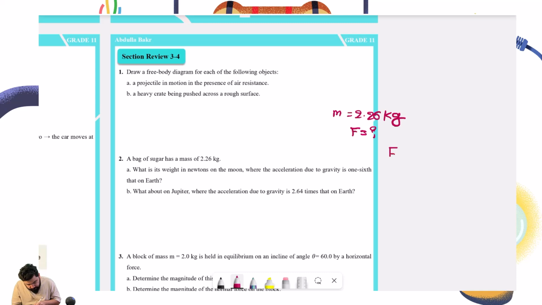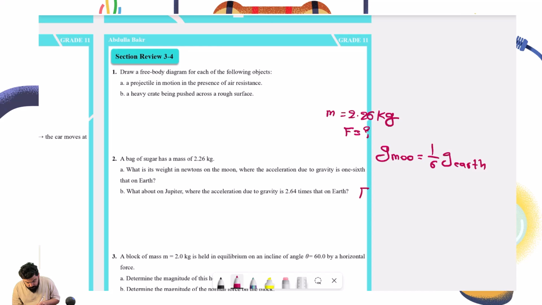So gravity on the moon is equal to 1/6 of gravity on Earth. So what can you do? You can first find this and divide it by 1 over 6, or multiply by 1 over 6, or you can just apply it in the equation.